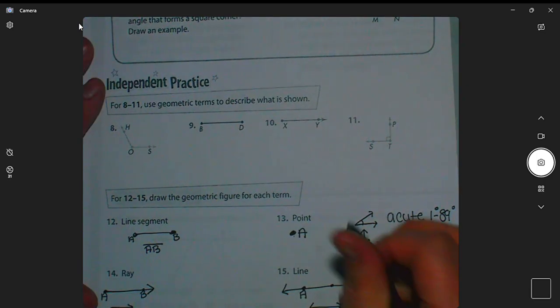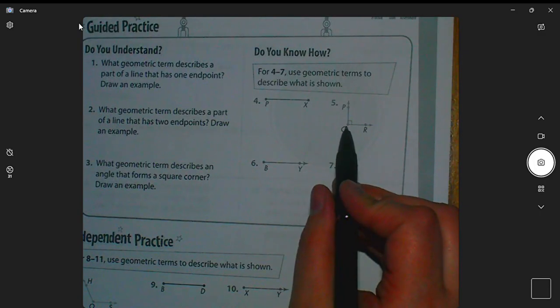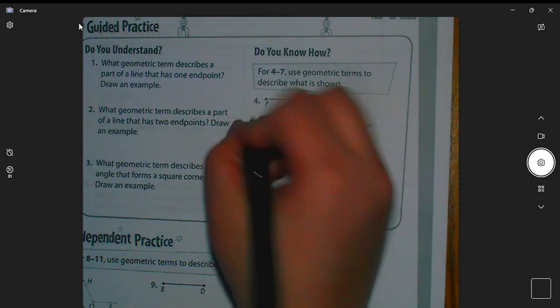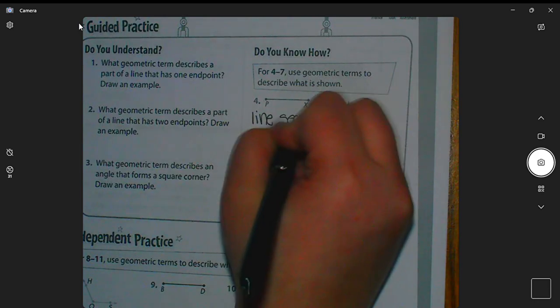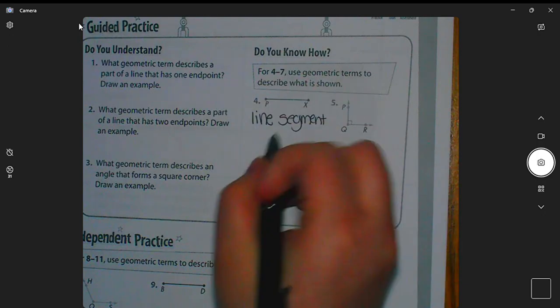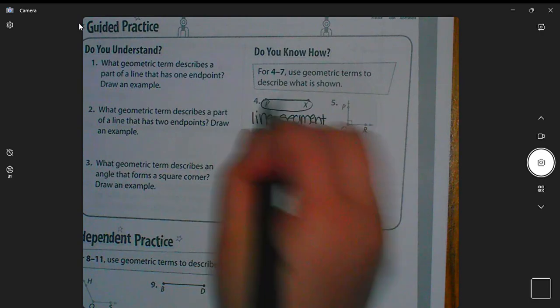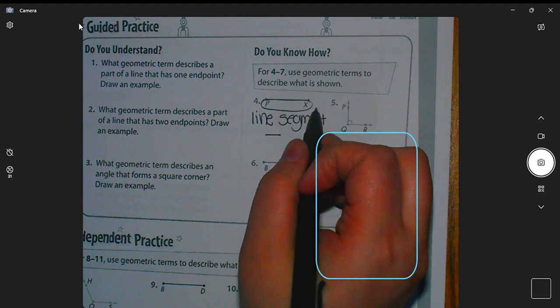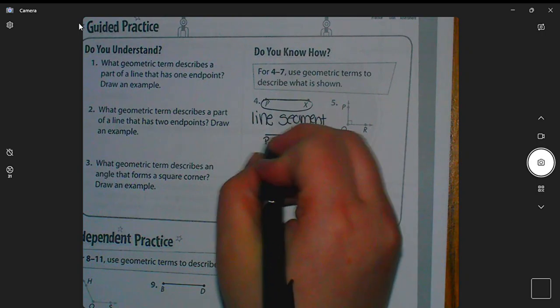If it has two fixed endpoints, what would it be? Right, it's a line segment. And I also notate it by saying line segment. And then I have to say the letters that I see. I don't get to just randomly pick letters. So line segment PX.